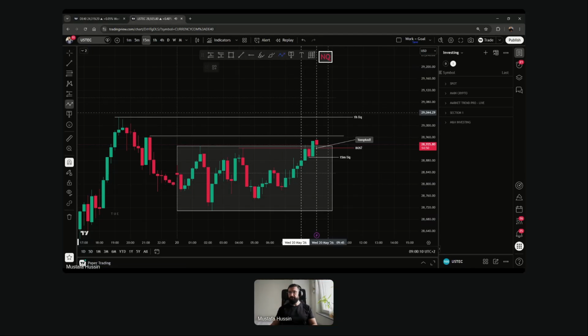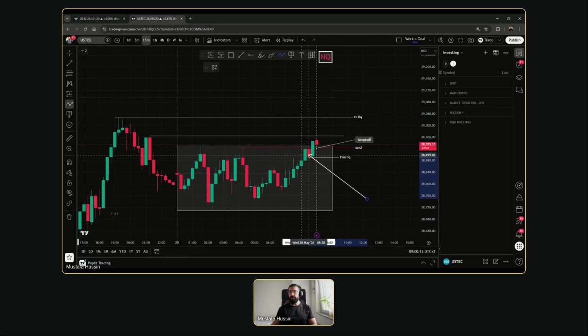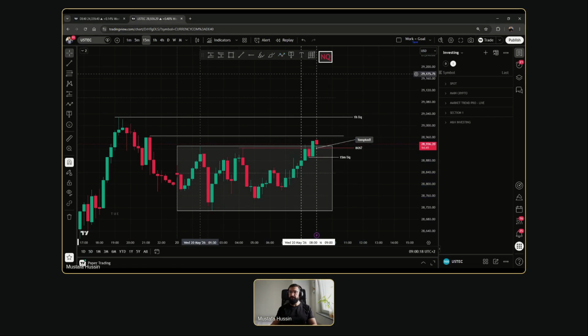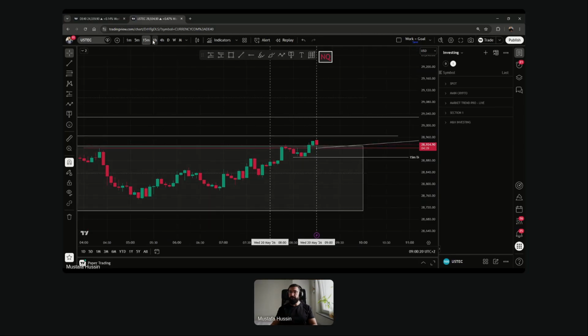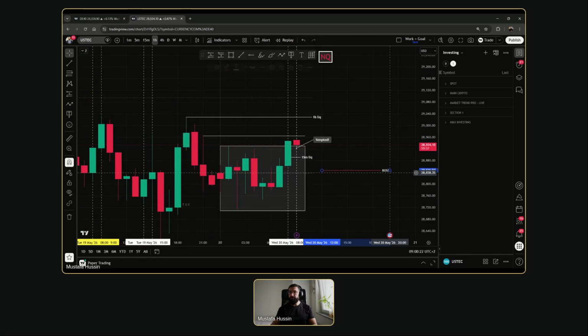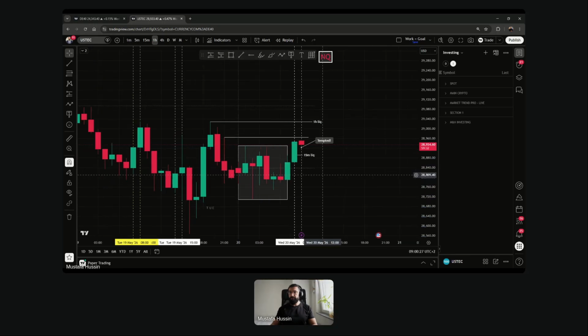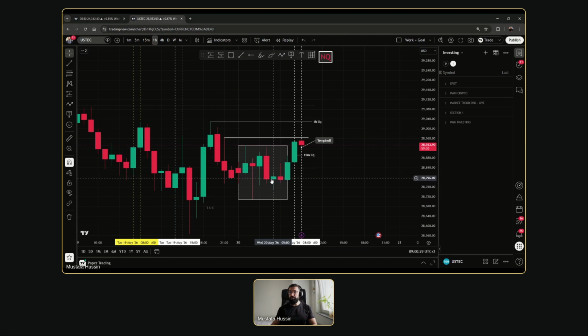A high, a low, a high, and then it might give us a high, just like a low right there. Then it gives us a high. So now it broke structure to the upside, which is a good thing. So we have an indication that we are bullish.